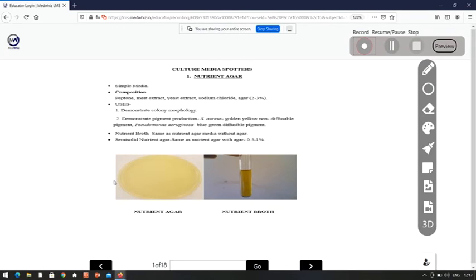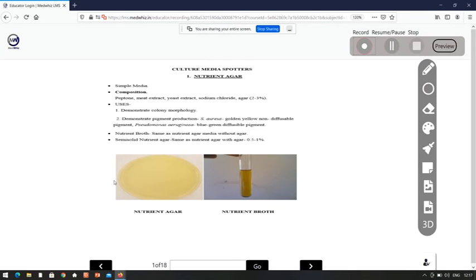In case of Pseudomonas aeruginosa, they produce a blue-green diffusible pigment. This pigment production can be demonstrated by this simple medium called nutrient agar. Ultimately, pigment production and colony morphology will help us identify the particular type of microorganism associated with a particular type of infection.